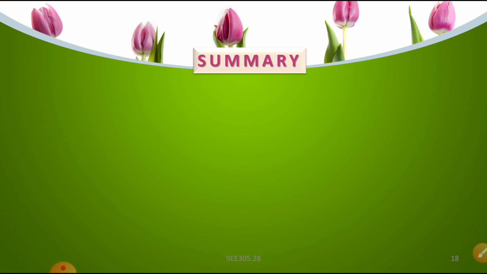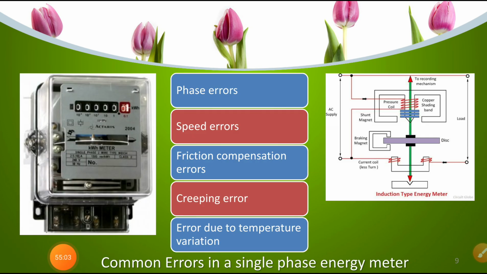class. Okay. Phase errors. So what are the errors we have taken? Here these are the errors. What are the errors we have seen? What are the phase errors? What is the reason for the phase errors? How to compensate the errors we have seen? And what is the speed error? And how are we going to compensate it? What is the friction compensation error? What are the methods to remedy it?